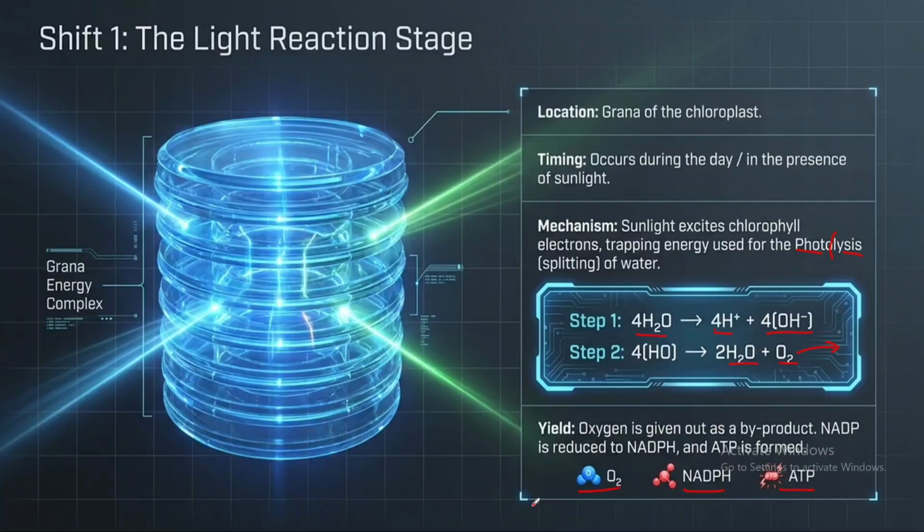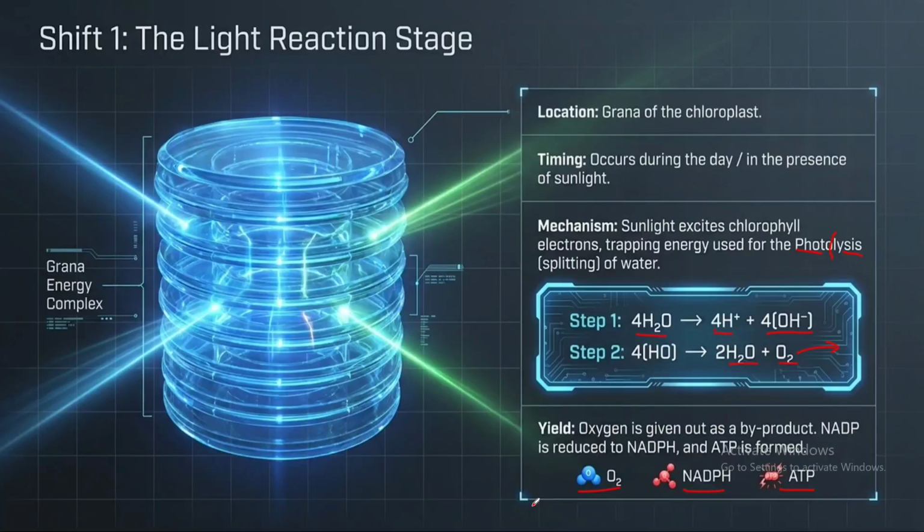First, we have photolysis. Then secondly, we have removal of oxygen as a byproduct, and then we have reduction of NADP to NADPH and ATP. Now, this provides the energy source. The NADPH and the ATP provide the energy source that shall be used during the dark stage.